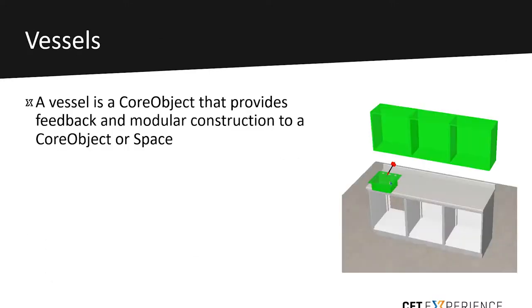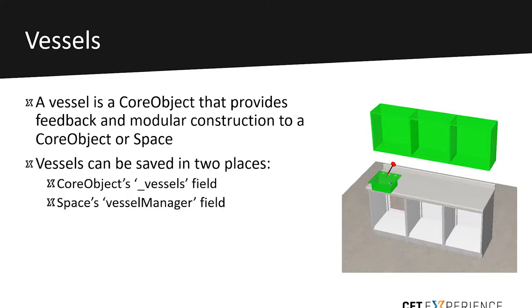So vessels, on the other hand, are a core object. They provide feedback in modular construction to a core object or to space, actually. Vessels can be saved in 2 places. If you add a vessel to a core object, core objects actually have a vessels field that lives on the core object, and that's where they get stored. They don't necessarily get stored in prop data, just like the components are.